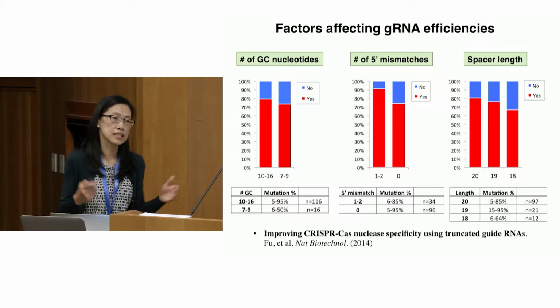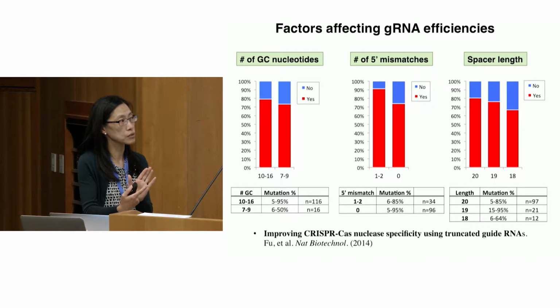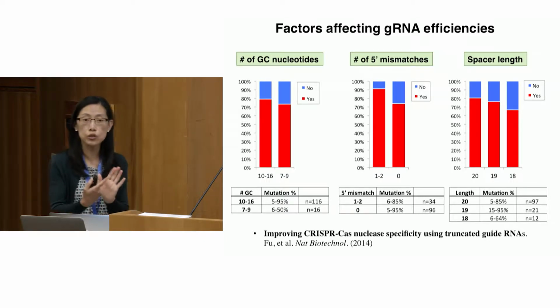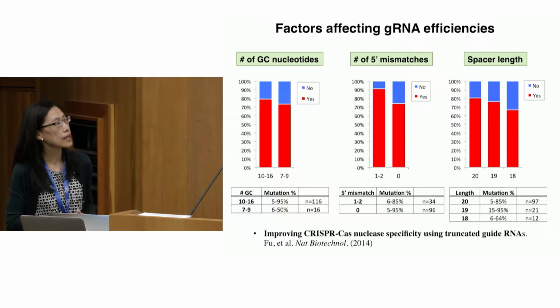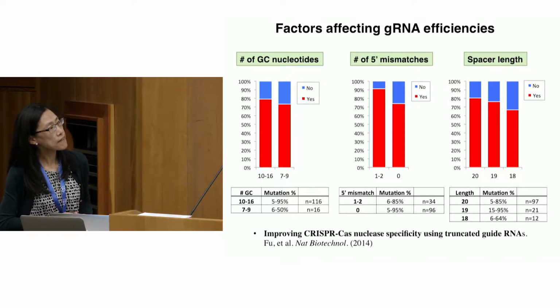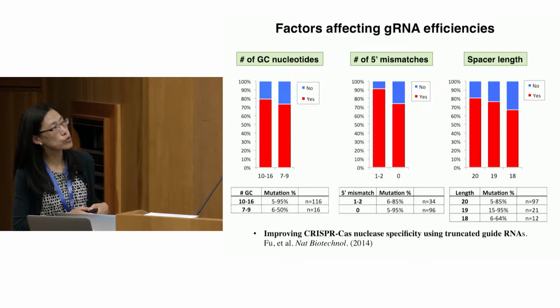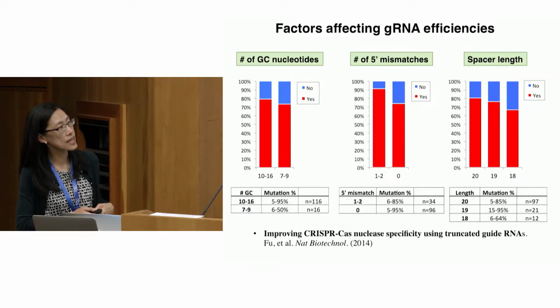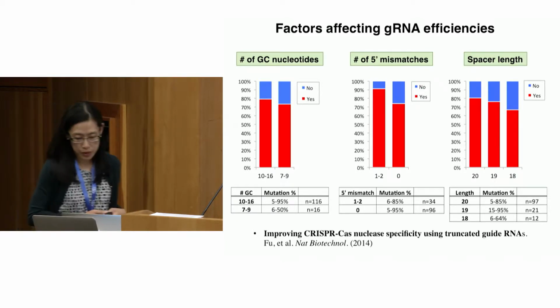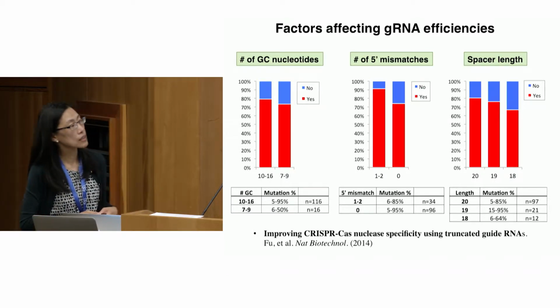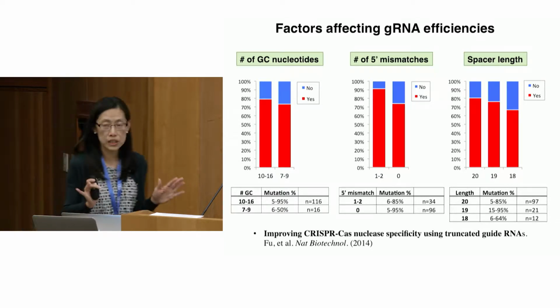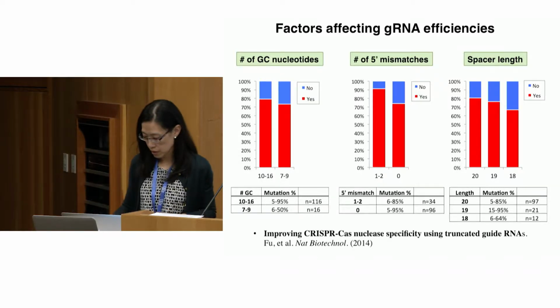The reason is that with shorter spacer regions, the guide may be less likely to tolerate mismatches. So we also tested that in the fish and found that if you reduce the guide RNA spacer length to 18 nucleotides, you do suffer a little bit on the success rate as well as the mutation efficiency. However, with 18 nucleotide spacer regions, you still have reasonable mutation efficiency.